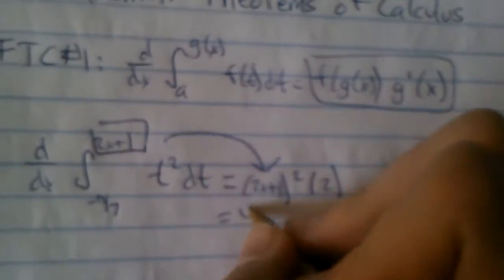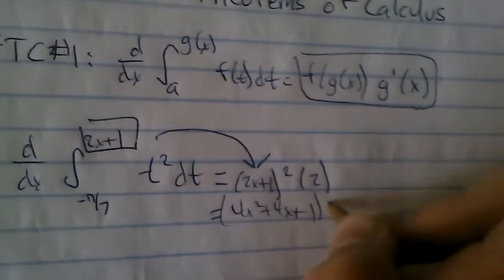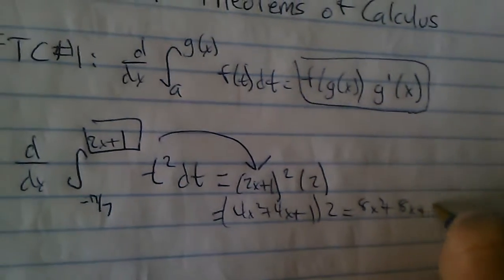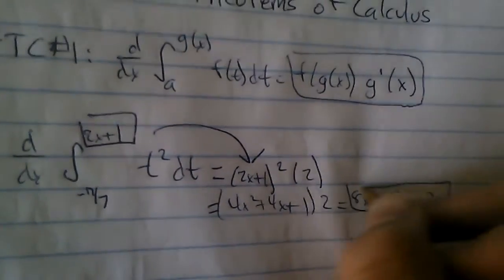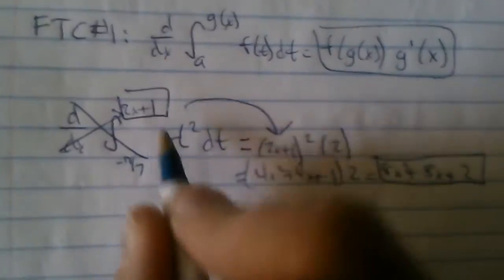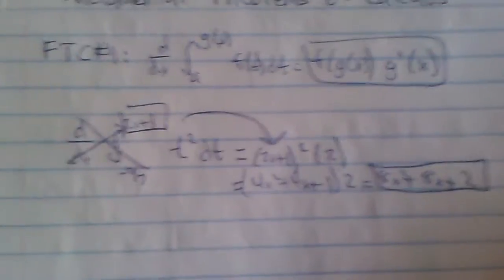So what we have here is 4x squared plus 4x plus 1 times 2 equals 8x squared plus 8x plus 2. So these cancel, we're kind of left with this here. We plug that into that function, we take the derivative of it and multiply it by 2.